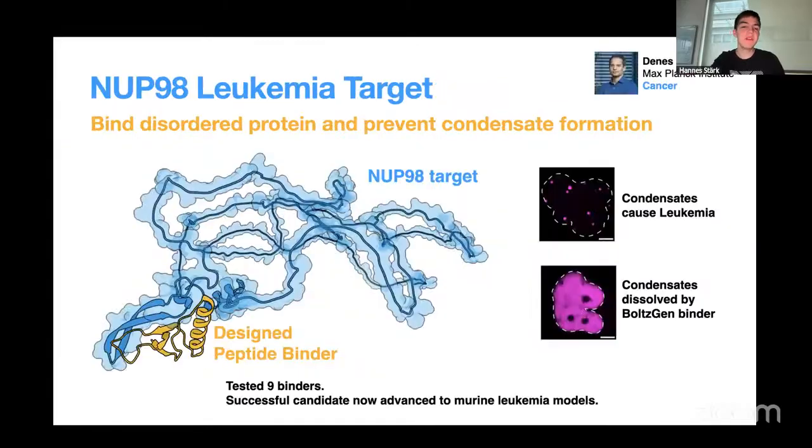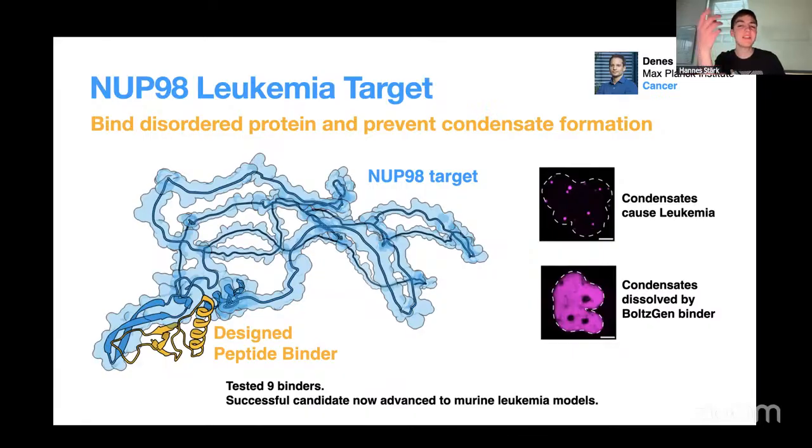And then we have some interesting cases like this one here, where we have this NUP98 protein, and this forms a fusion, but I won't go into that. The NUP98 protein can have a mutation that causes what are called condensates in a cell. What you can see are these purple dots in the top right image.